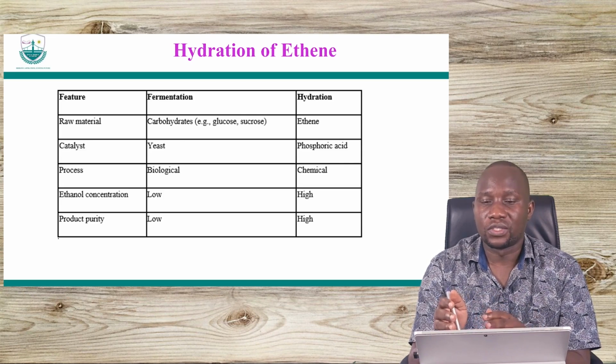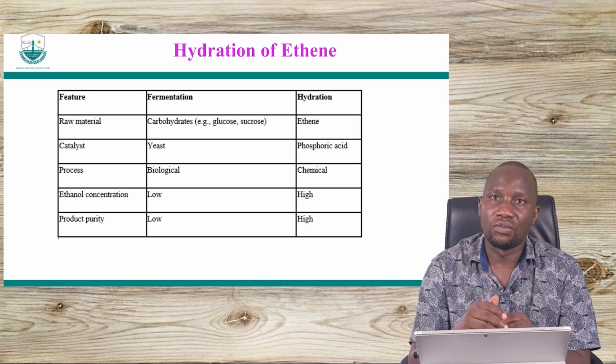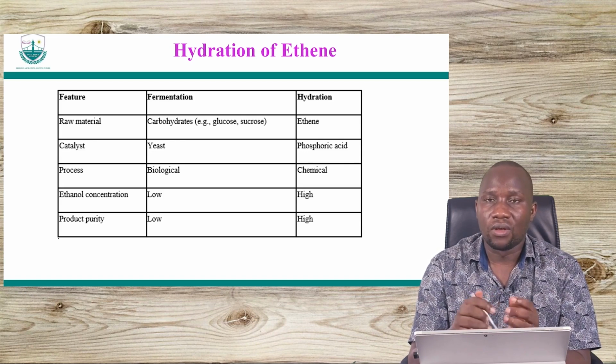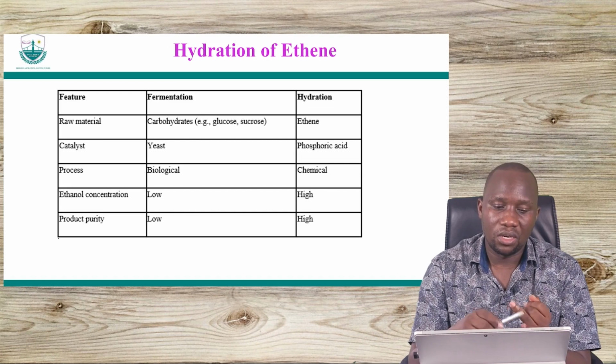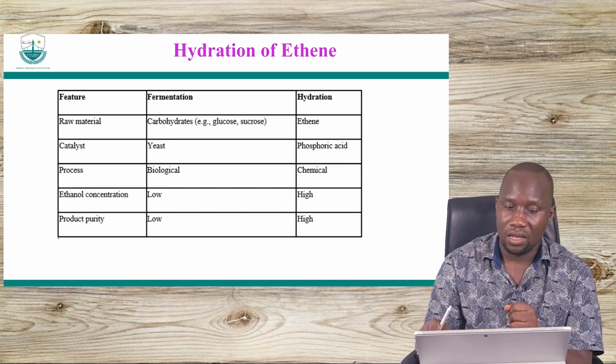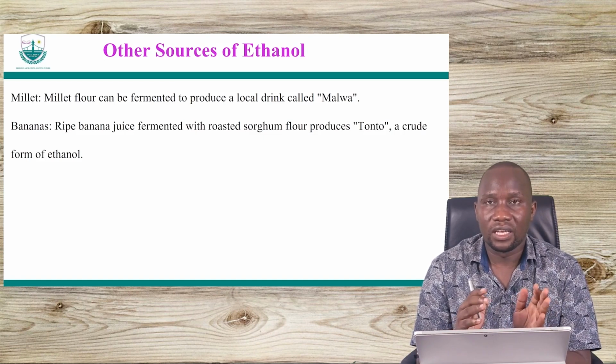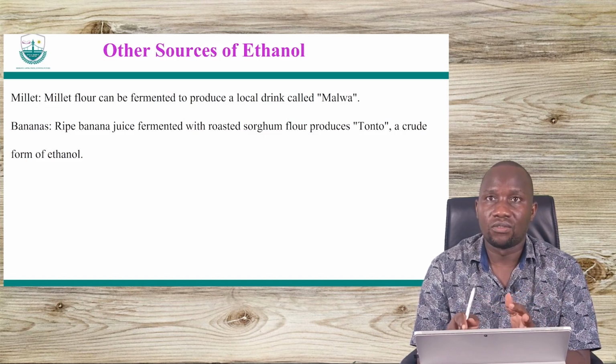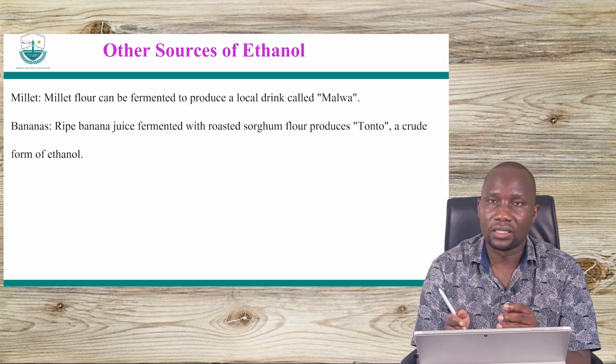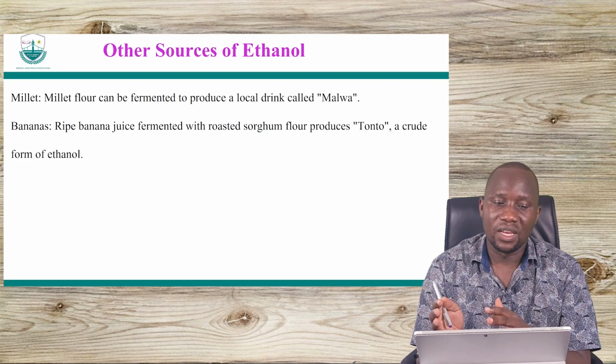That is the opposite in terms of hydration of ethene to get ethanol. You get high ethanol concentration, and also you get high product purity. Like I said, we can get ethanol from different carbohydrate sources, millet, banana, and many other things.